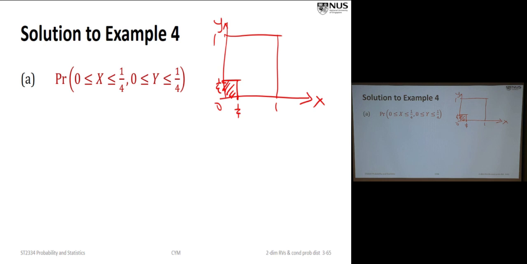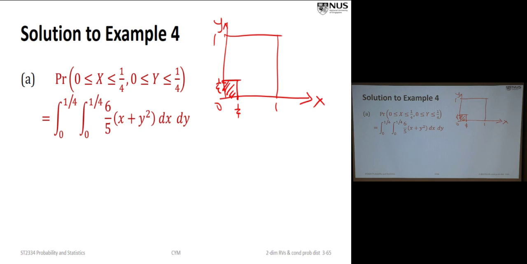It represents the joint PDF. You are looking at the volume under this curved surface coming out of the screen, represented by f of x, y, and under this small region, x between 0 and 1/4 and y between 0 and 1/4. All right? So in that case, we do the integration.